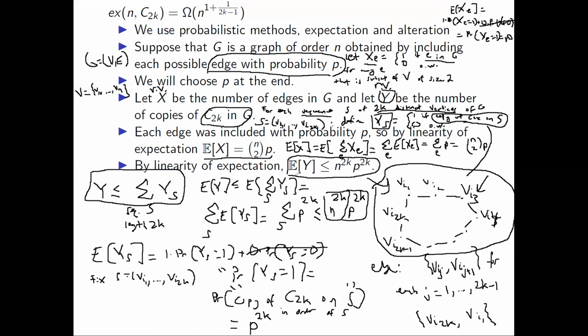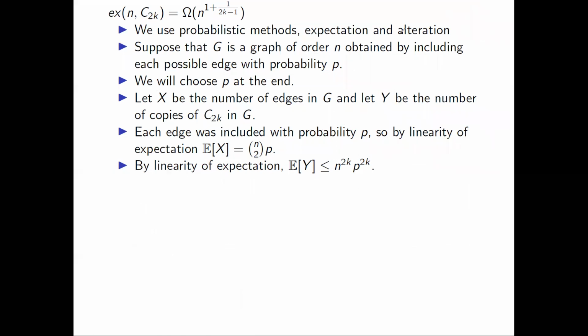And now the rest of it is pretty straightforward. If we have the expectation of X, we also have the expectation of Y, and now we can combine them. I just want to emphasize again, we didn't calculate the expectation of Y exactly. We only got an upper bound, and an upper bound is all we need here, because our next statement is that the expectation of X minus Y is greater than or equal to n choose 2 times p minus n to the 2k times p to the 2k.